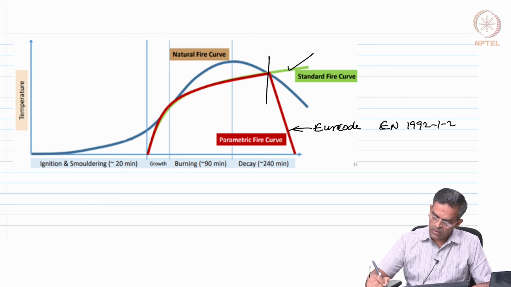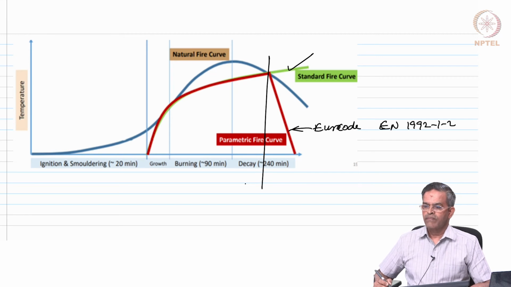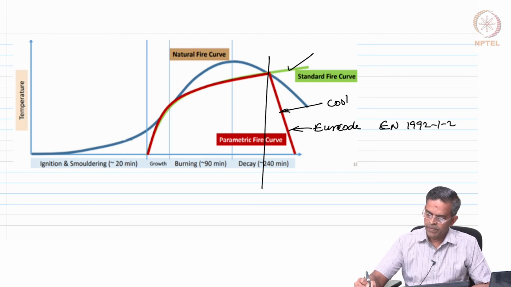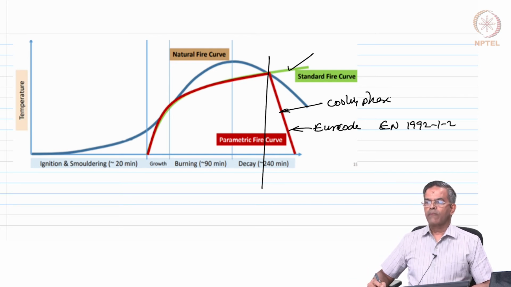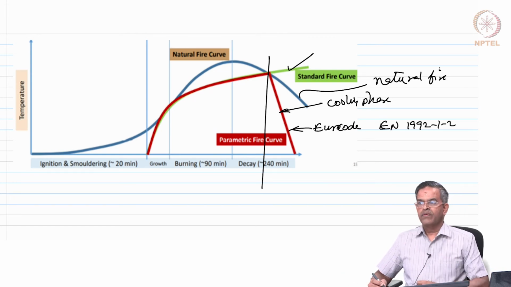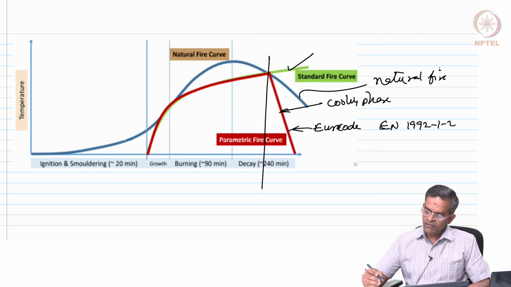So, now there is a cooling phase which is shown in the red color here. Okay. So, this is for the natural fire, which also indicates a cooling phase, whereas in standard fire curve this cooling phase is missing.